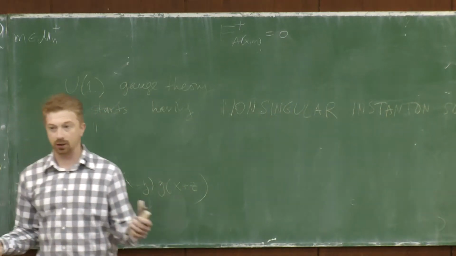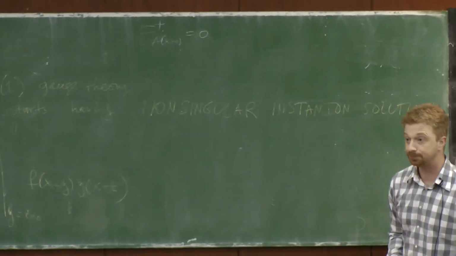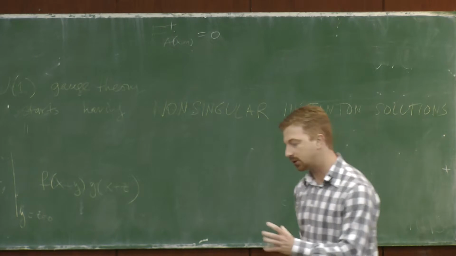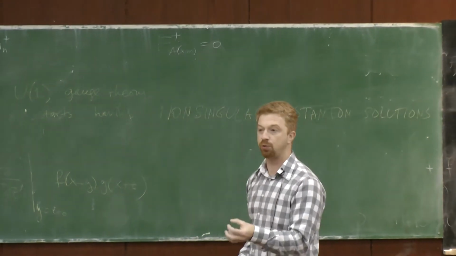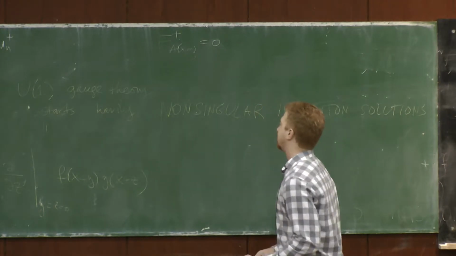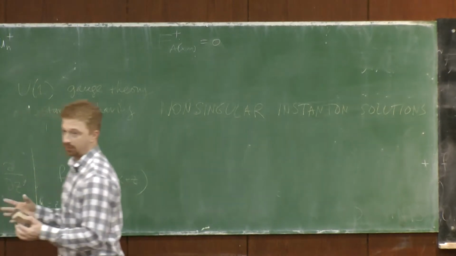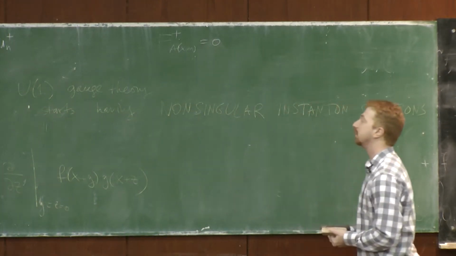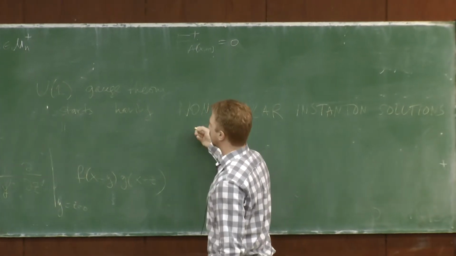The ordinary Maxwell theory doesn't have non-singular instanton solutions. It actually has interesting solutions which have a singularity at a point. And after this non-commutative deformation, they actually become smeared out. And actually, this is in accordance.